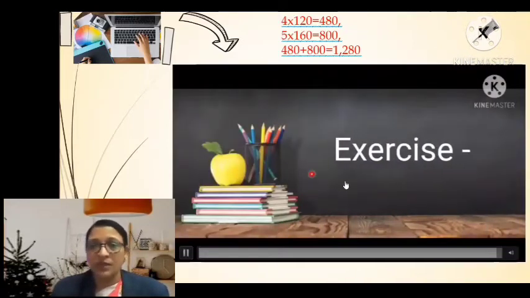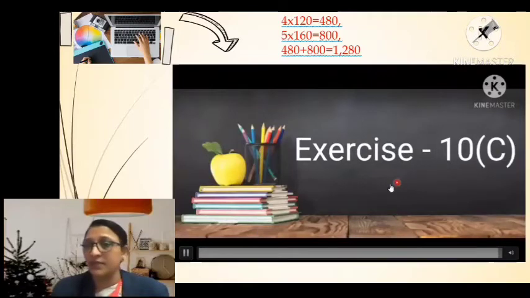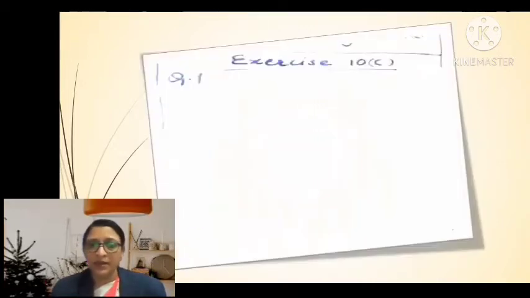Dear students, now let us turn to exercise 10C. So here, exercise 10C, question number 1. Cost of 24 identical articles is rupees 108. Find the cost of 40 similar articles.